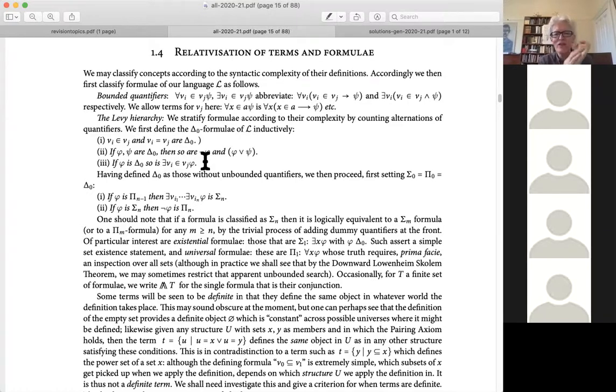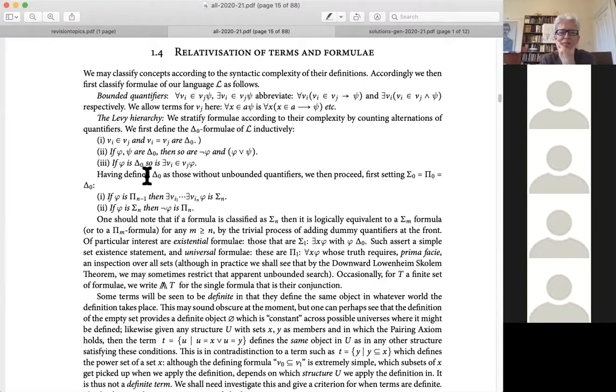It doesn't refer to things in the rest of the universe, because any quantifier that it has just says there's something inside one of these, or for everything in here, something holds. So there is no unbounded search through the universe to see whether there exists an X that's something or other. These delta zero formulae are things that we call absolute, and they specify the simplest concepts.